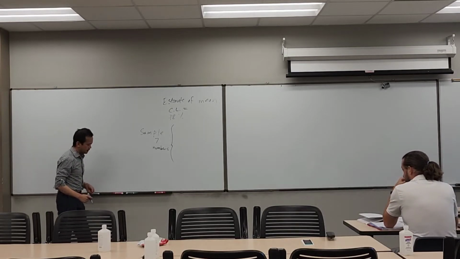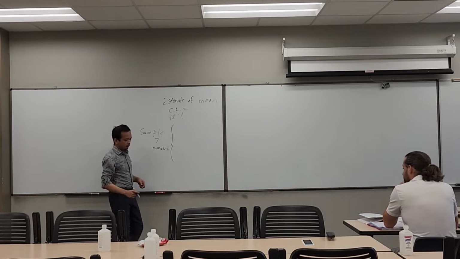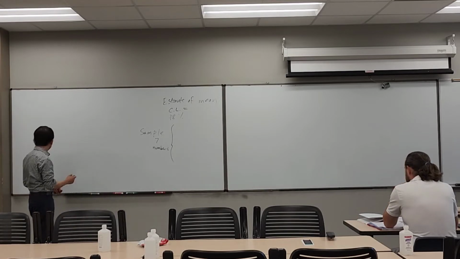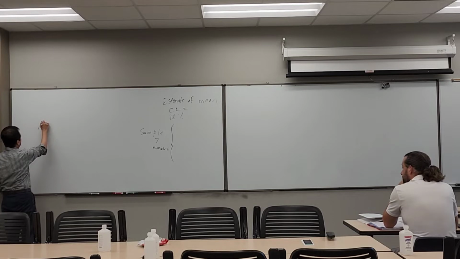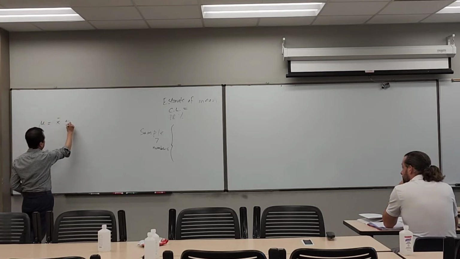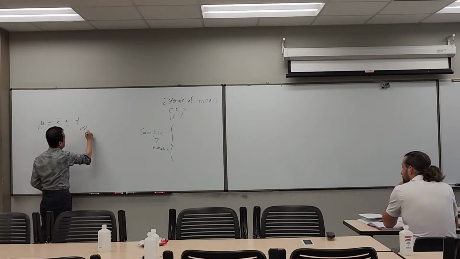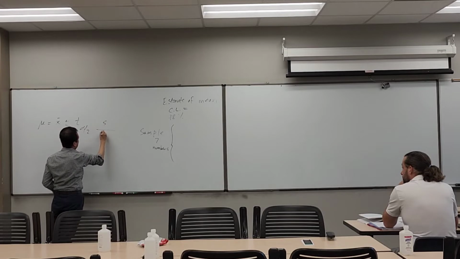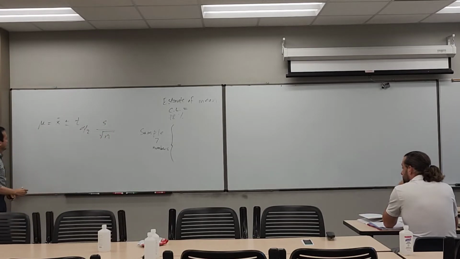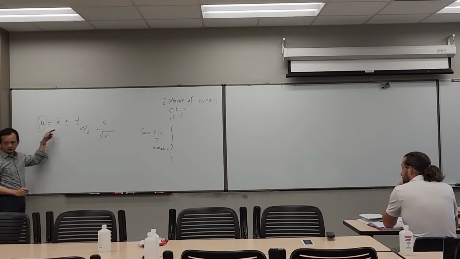We talked last time about how there's a formula to estimate the population mean, and it's this formula. This is the true mean for the population you're trying to find. X bar is the mean for just the sample.